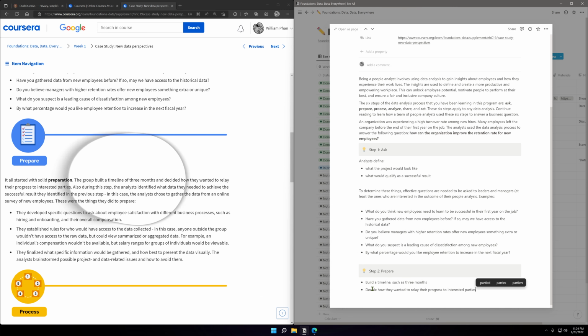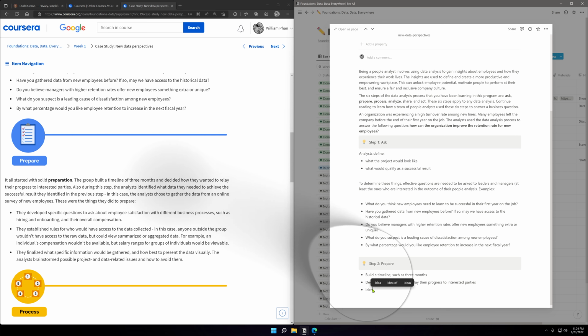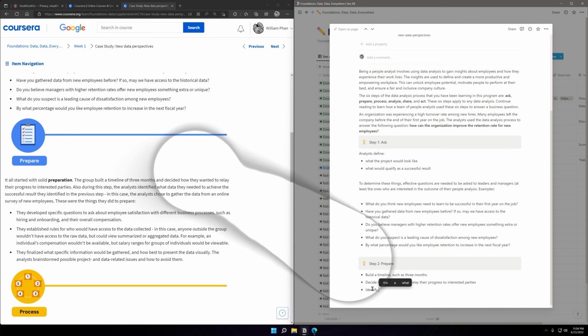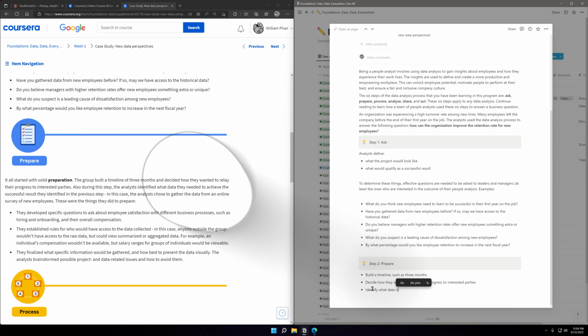During this step, the analysts identified what data they needed to achieve the successful results they identified in the previous step. Identify what data is needed.